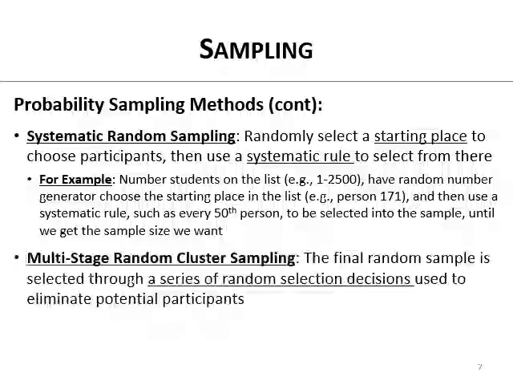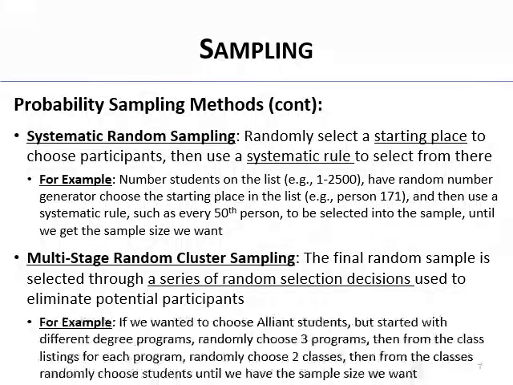There's also multi-stage random cluster sampling. This is when your final sample is chosen through a series of random selection decisions that are used to eliminate potential participants. So you go through multiple stages, each one random, to arrive at your final sample. What does this mean?